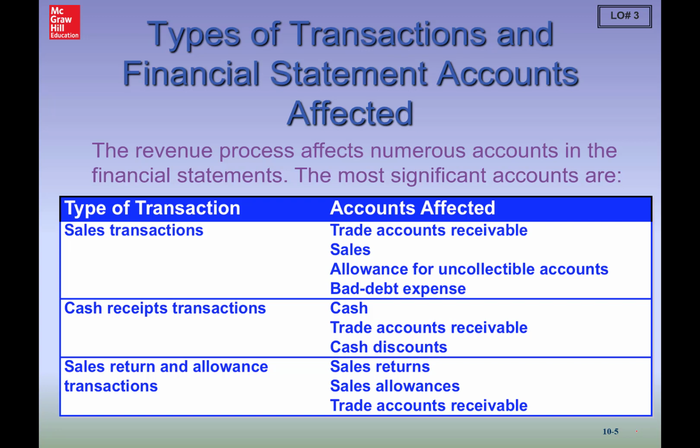Good. So when we report our accounts receivable on the balance sheet, how would we report that? Yeah. So we have the $1 million accounts receivable less the allowance. Good.